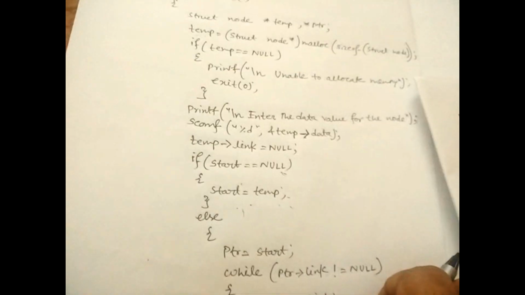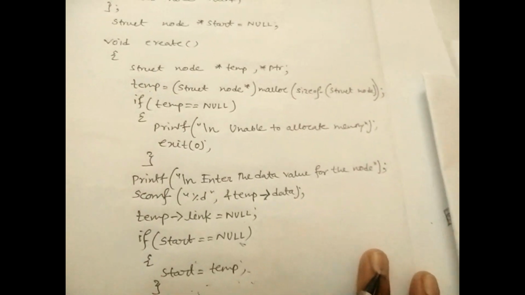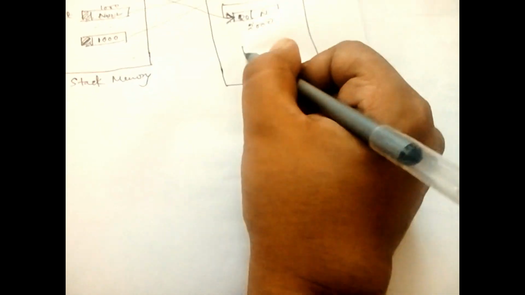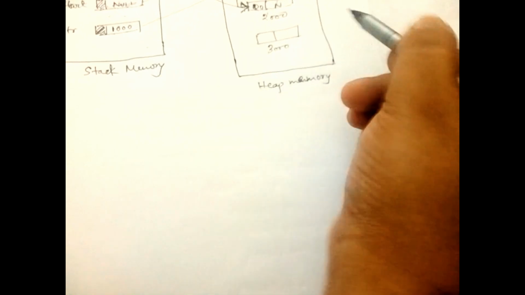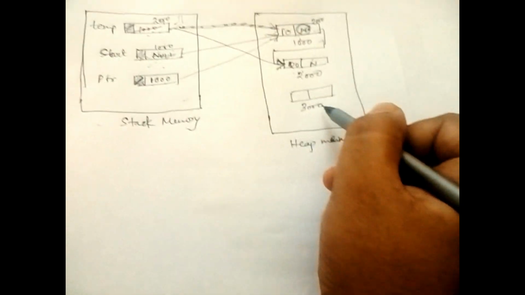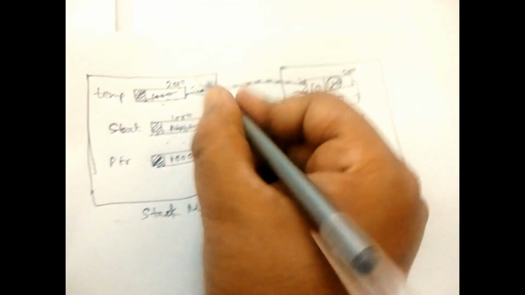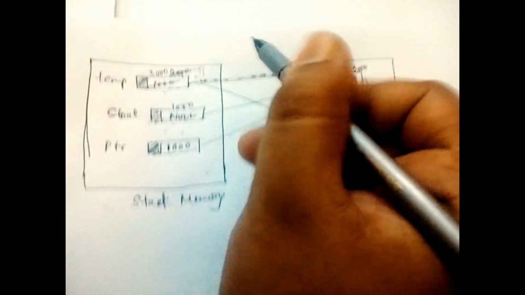Suppose now again we call the create function. Clear? We again call the create function. Now again an address is allocated for temp. Suppose 3000. Clear? A different address is allocated for this temp. So now updating the value. Now temp equal to 3000.